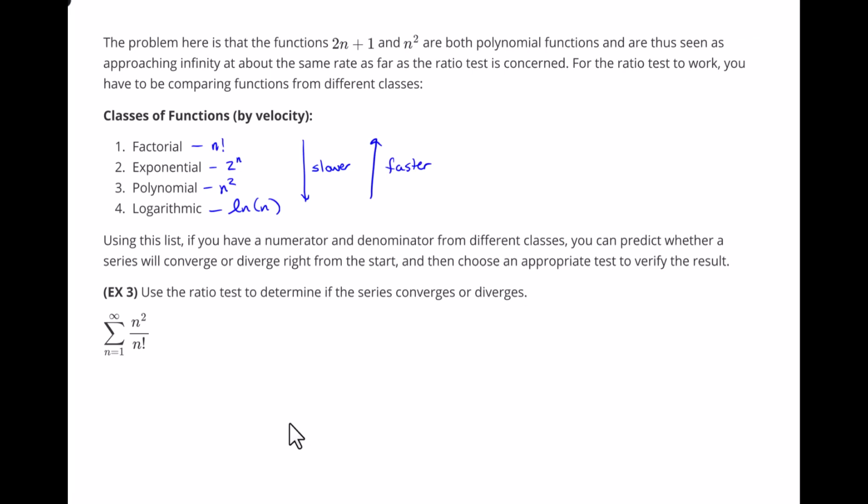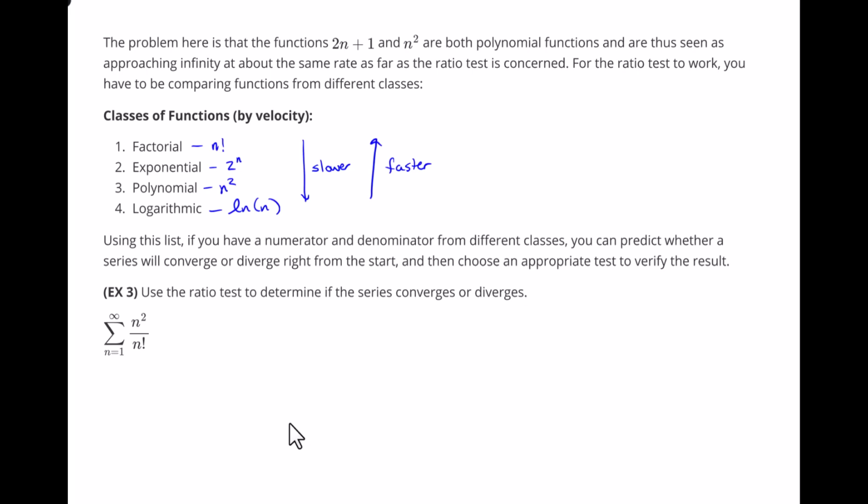So using this list, you can get a pretty good idea just by looking at the function you are working with, and have a good indication if it's going to converge or diverge right off the bat. That doesn't help you prove that it converges or diverges. You do still need to do one of the tests that we've explored in class. But using this list, you can have a great idea as to what's going to happen.